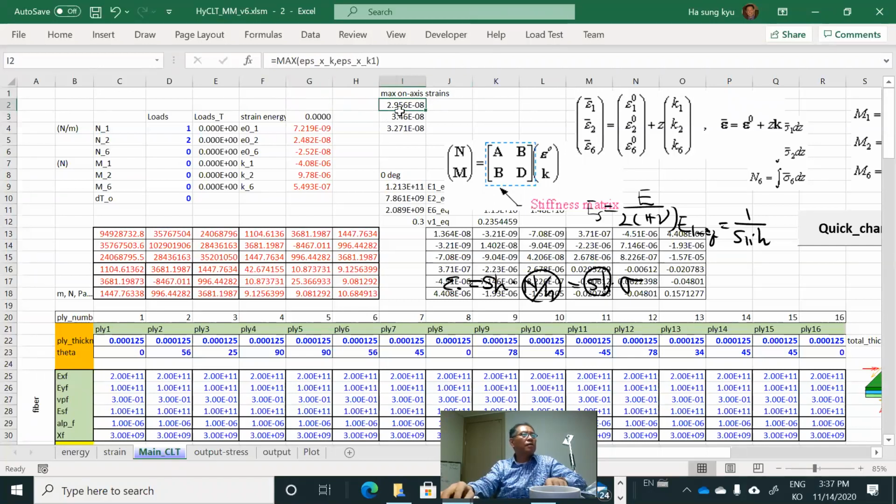We had X, Y, and S. Of course, K and K1 is the top and bottom ply and bottom surface. And also we defined the strain energy, meaning we apply the load and how much energy. Energy means always the load and deformation, and load and strain. So that is the one we defined.